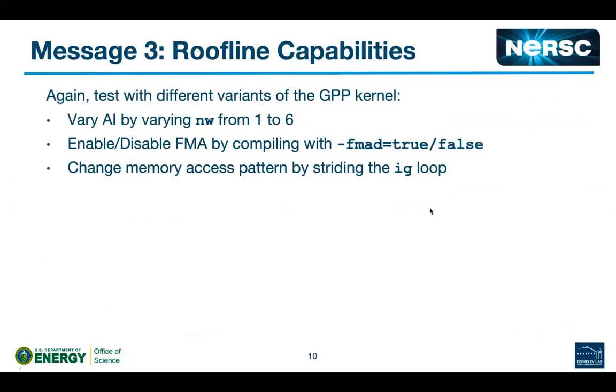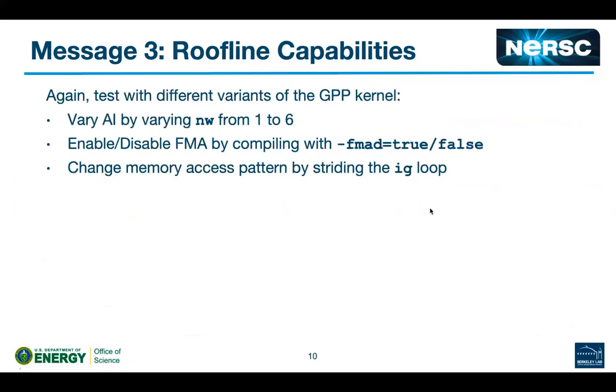The third one is about the different capabilities of Roofline and how it can be used in performance analysis and performance portability analysis. So here we're going to use a few variants of GPP.